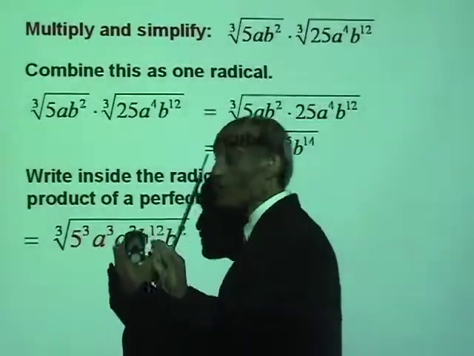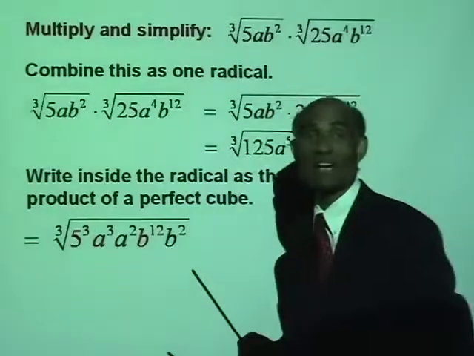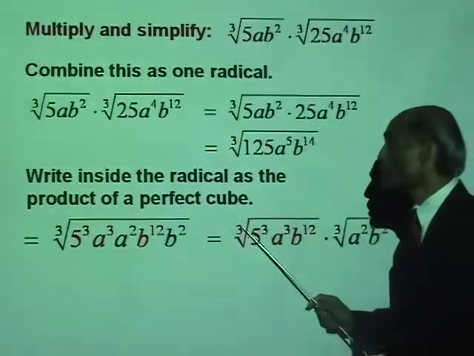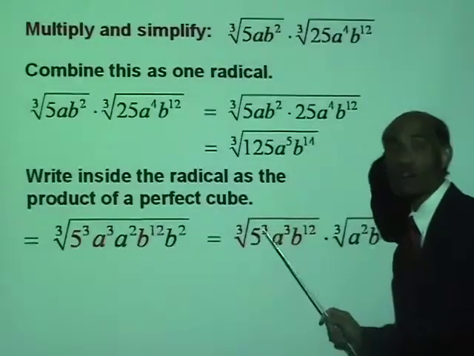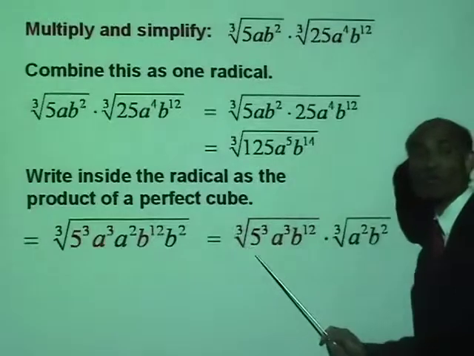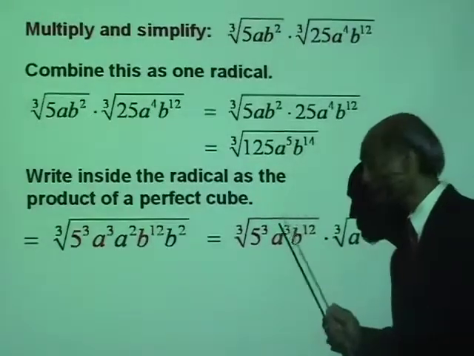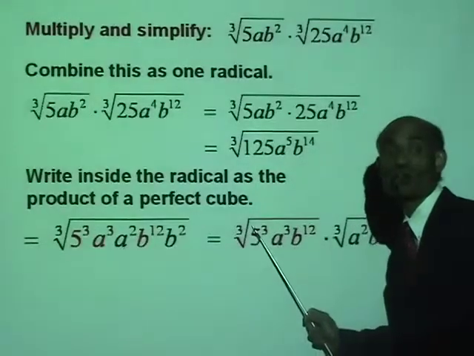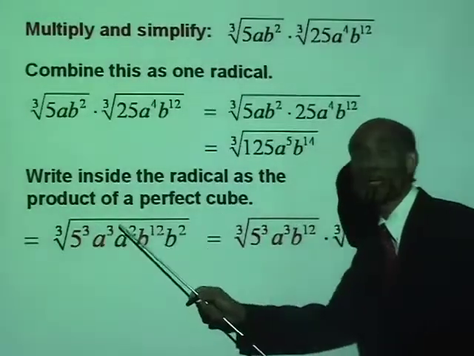We can now take them out inside a different radical like this. So I have now cube root of 5 cube, a cube, b to the power of 12. We have separated all the perfect cube terms in one radical. And the remaining, what are the remaining terms?